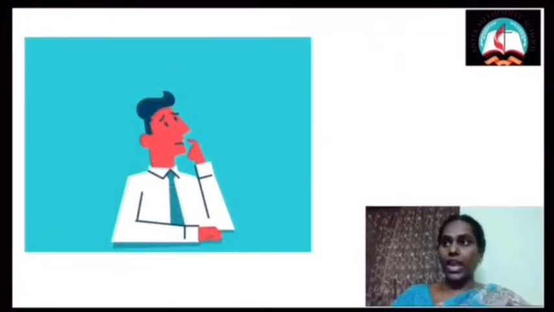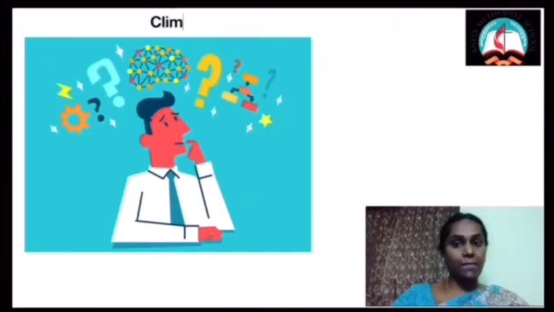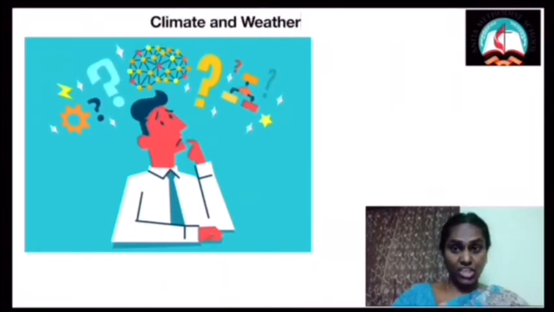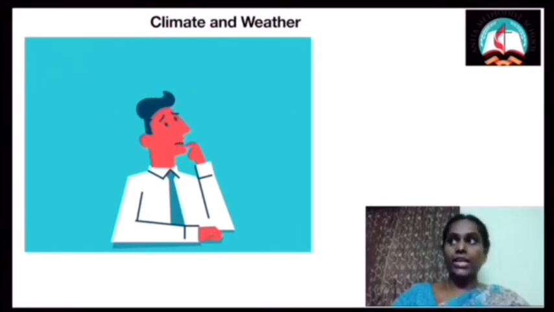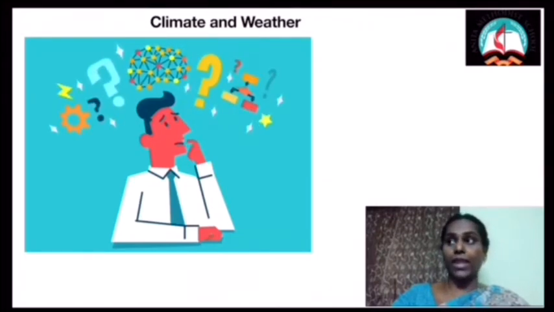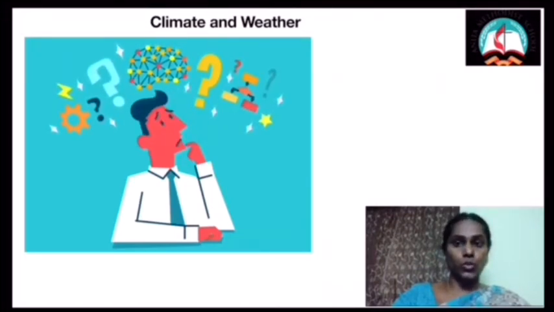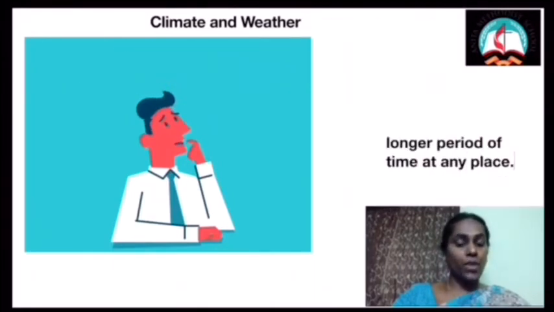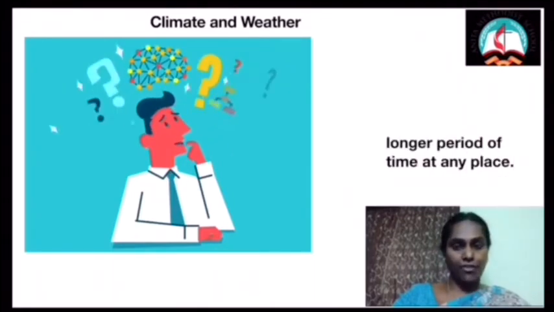Children, can you distinguish between weather and climate? Yes, children, weather is a day-to-day conditions of atmosphere at any place in regard to temperature, pressure, wind, humidity and rainfall.